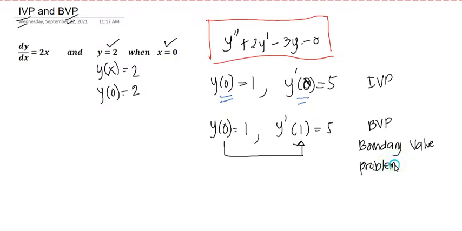Okay, so how do we solve our IVP and BVP? To solve for your IVP or BVP, of course it is the same process. First, find the general solution of our differential equation. Like what we did in the previous video, where we showed the process, you have to perform integration.